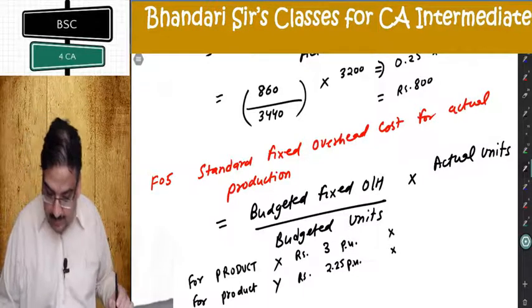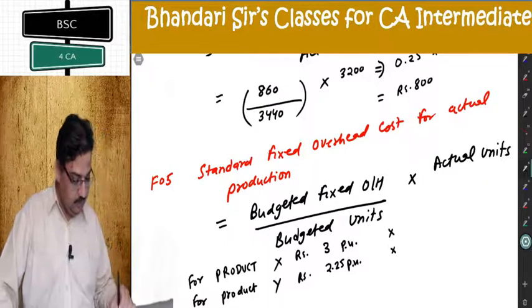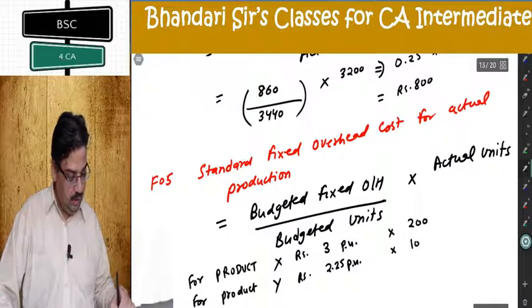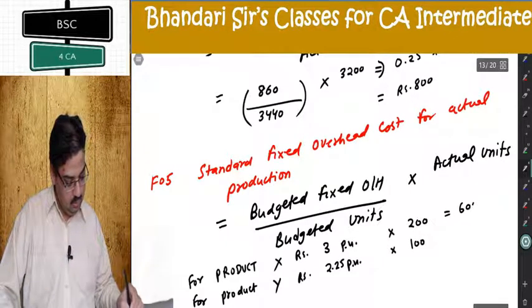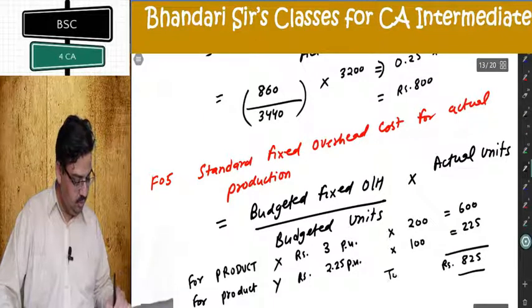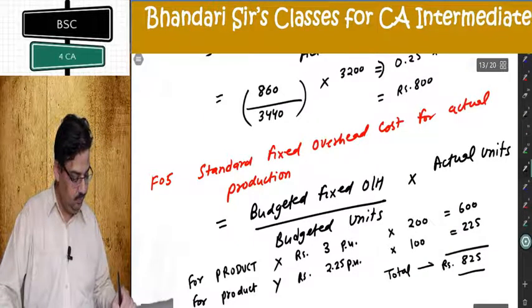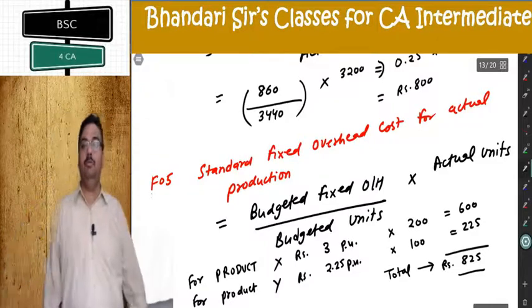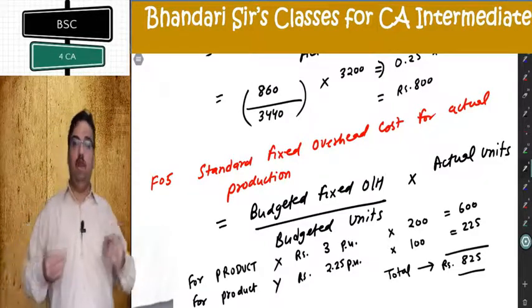For product X there are 200 units, for Y there are 100 units. 600, 225, 825 rupees is total. This is FO5. So very simple, FO1 to FO5 we have reached.